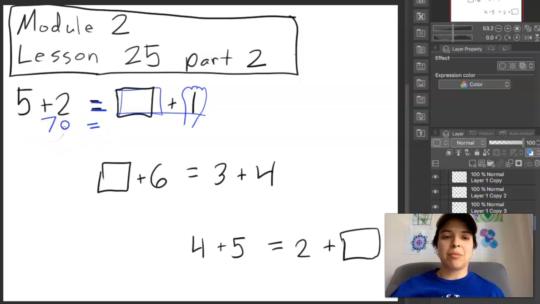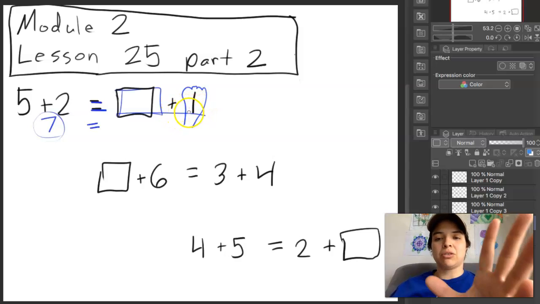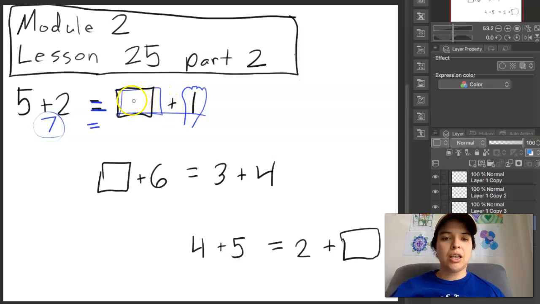On this side we came up with 7, so we're going to want 7 on this side too. Grab your 1 and I will draw circles as we count on. Here we go. 1, 2, 3, 4, 5, 6, 7. And we hit 7. So how many circles did we end up needing to draw in order to get that 7?